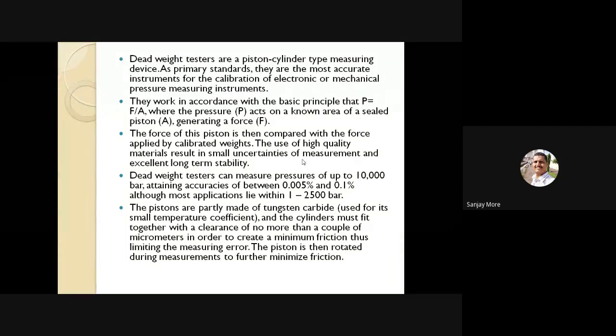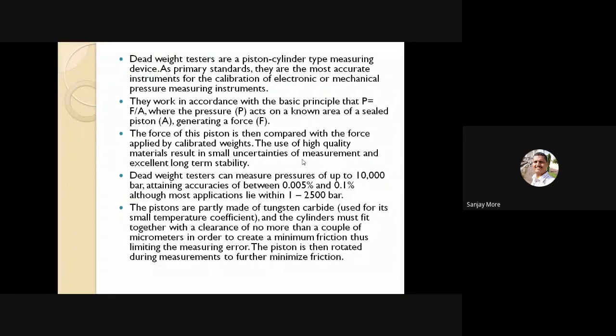A deadweight tester is a piston cylinder type measuring device. Full stop.